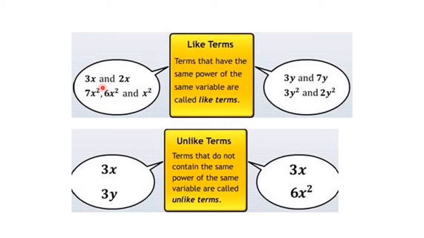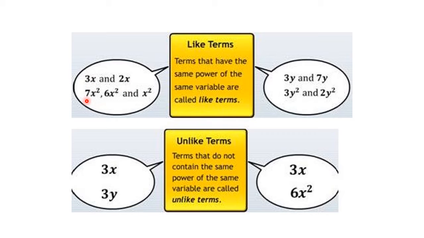If the variable is the same as well as its power, then we call them like terms. For example, 3x and 2x. We don't have to look for the coefficients, that can be anything, just concentrate on the variable. There is x here and x here, so we call 3x and 2x like terms.